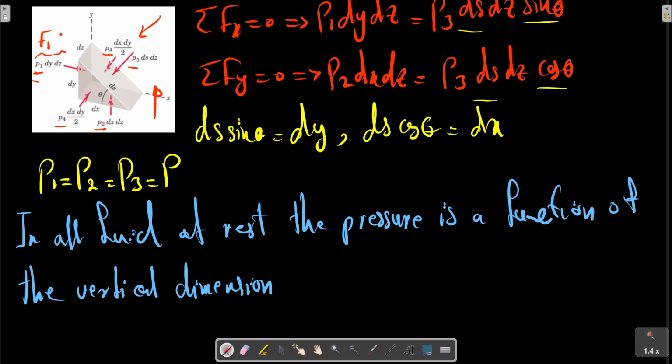To determine this function, we consider the forces acting on a differential element of a vertical column of fluid with cross-sectional area dA, as shown in the picture here.